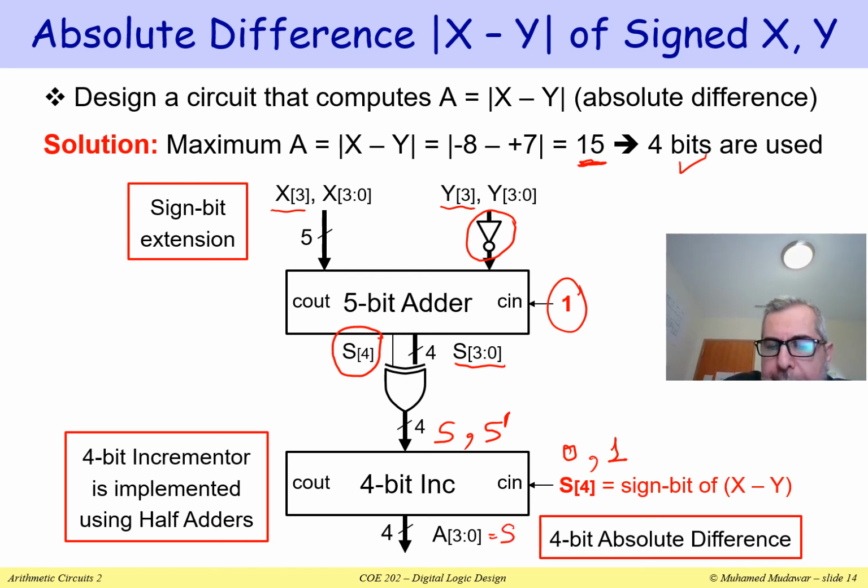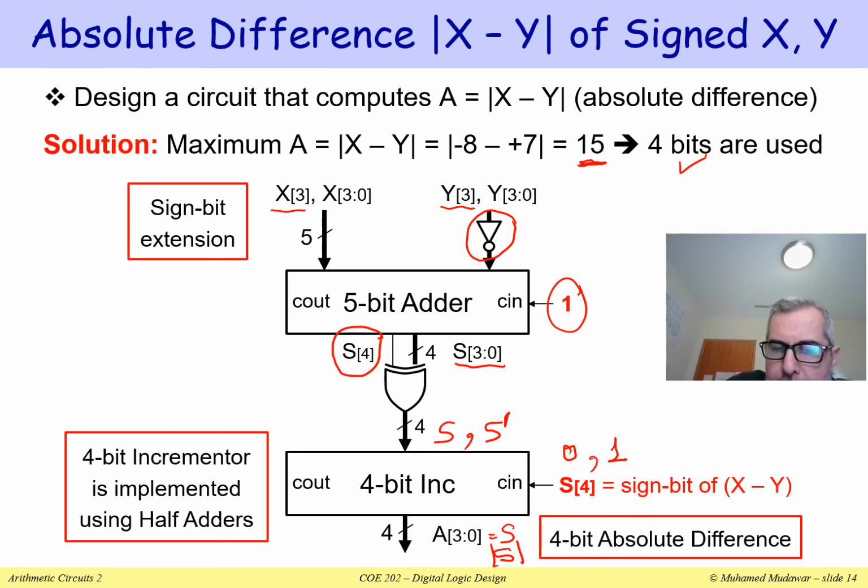However, if S is negative, so S4 is equal to 1, I'm going to calculate S prime plus 1. This will be the 2's complement of S prime. So the negative of a negative is positive. So you get the absolute value of S when S is negative.